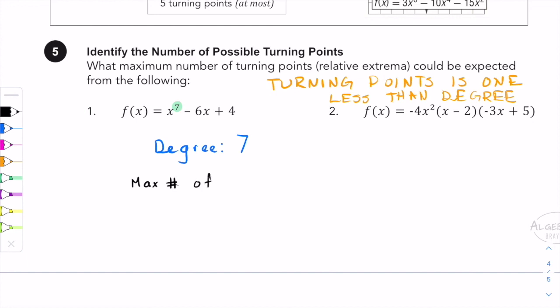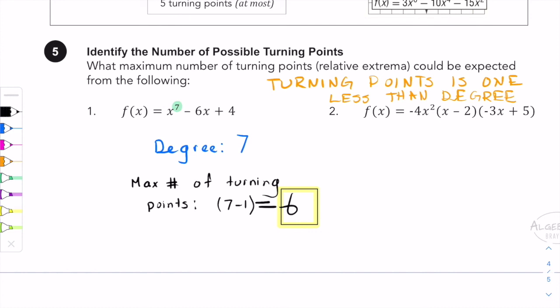It would be 7 minus 1. And that's your answer. So the maximum number of turning points for number 1 is 6. 1 less than the degree.